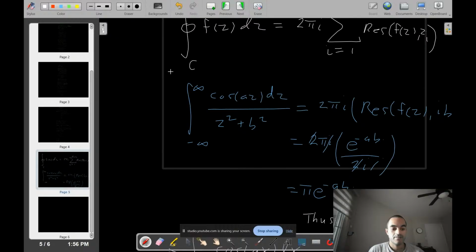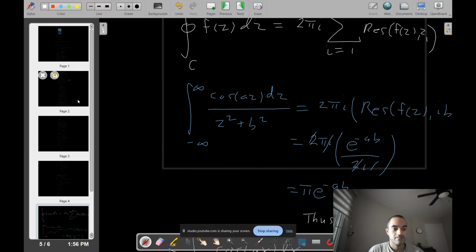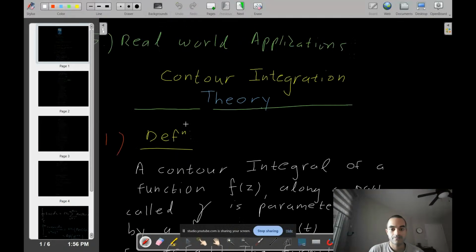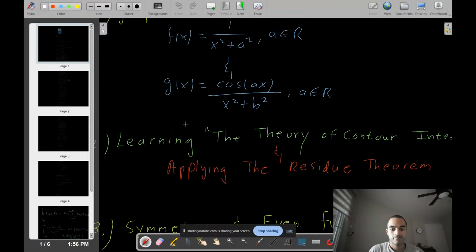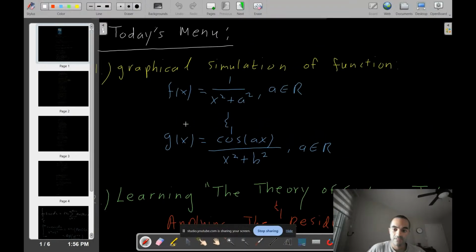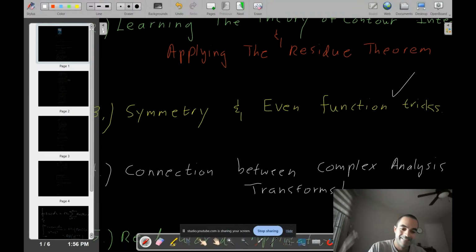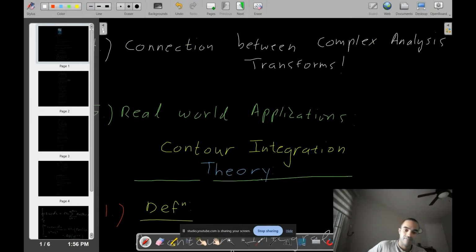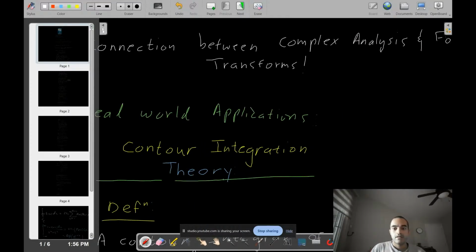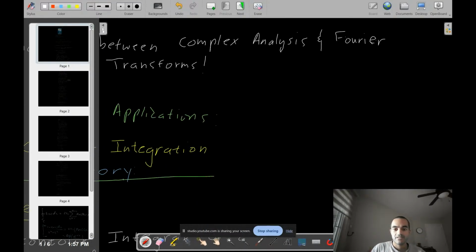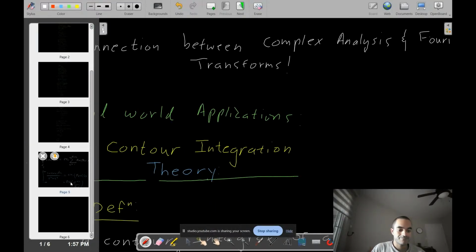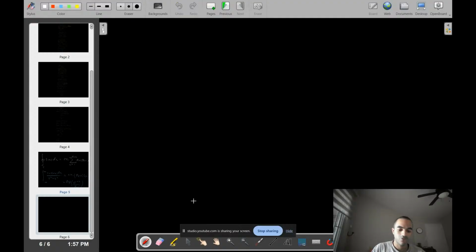All right, so we've talked about quite a few things. Let's get back to what we left off. Yes, we did graphing simulations, learning theory of contour integration, symmetry and even functions. I think that's axiomatics, you know how symmetry and even functions work. Connection between complex analysis and Fourier transforms. I'll talk about that a little bit. I don't need to talk about it that much.